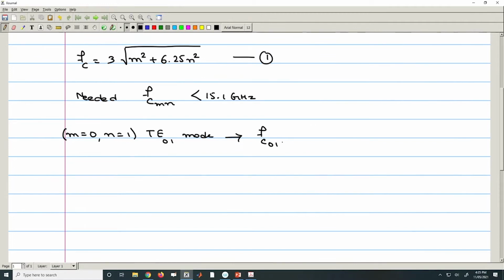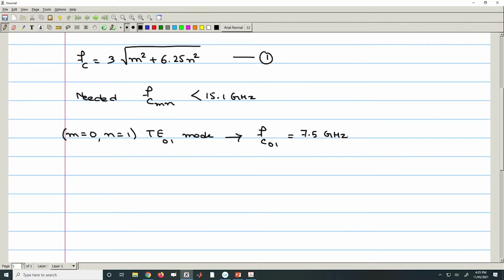So from equation number 1 we will substitute the values of indices m and n, and it will yield us f_c01 as 7.5 gigahertz. Okay. So in equation 1 we are substituting m 0 and n 1 and therefore for TE01 mode we are getting f_c01 as 7.5 gigahertz.